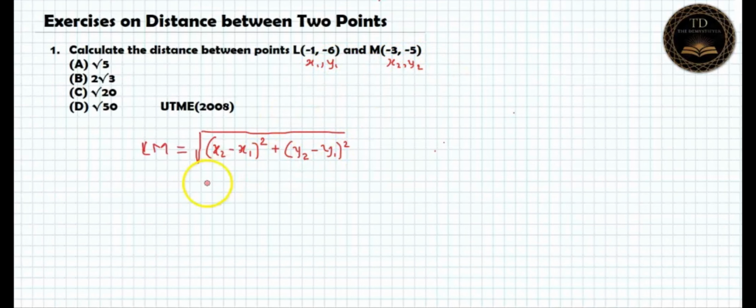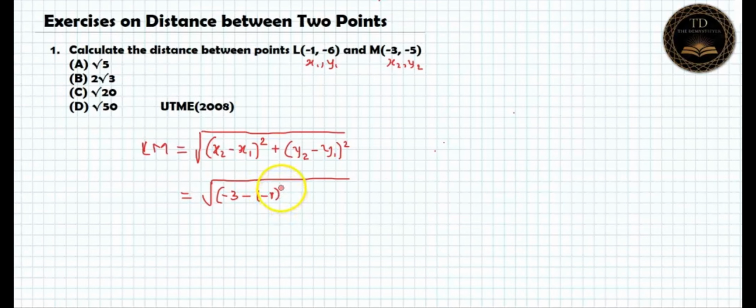So now you go straight and slot them into the formula. So your x2 you can see is minus 3, so you have minus 3 minus x1 is minus 1, so I'm going to put the minus 1 in a smaller bracket, minus 1.